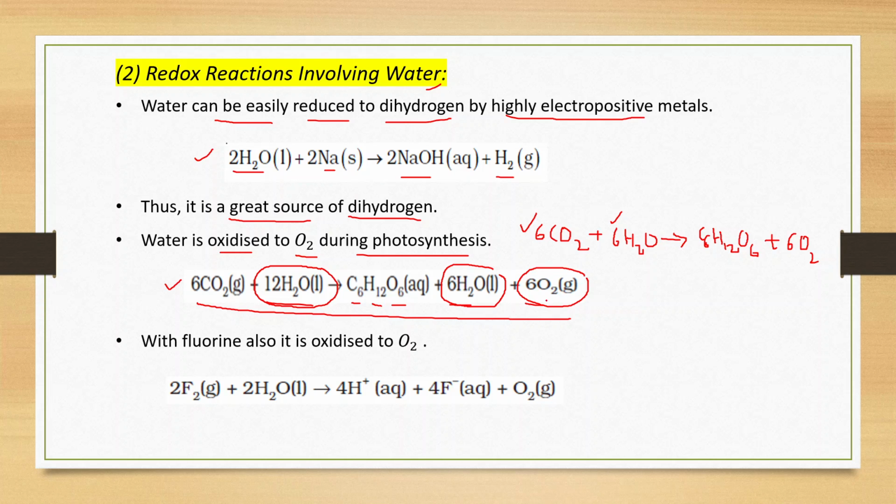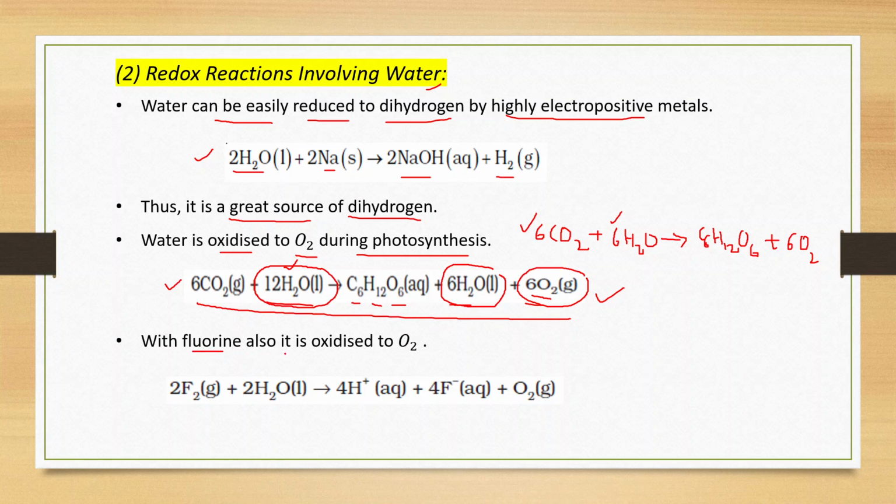Clear? And 6O2 means 12 oxygen atoms are there, and so there are 12 water molecules because each water molecule gives one oxygen atom. Clear? So we write this photosynthesis reaction in this way.